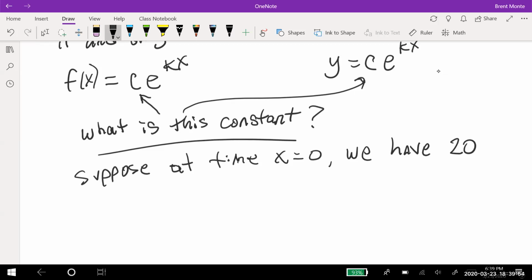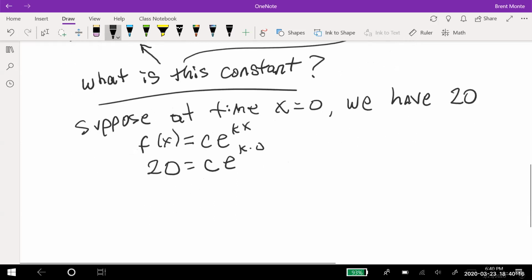So coming here, my f of x equals c e to the kx. I'm going to say, okay, it's 20 when I have c e to the k, whatever k is the growth rate. I don't even need to know it yet, but I know x is 0. Because what's going to happen?